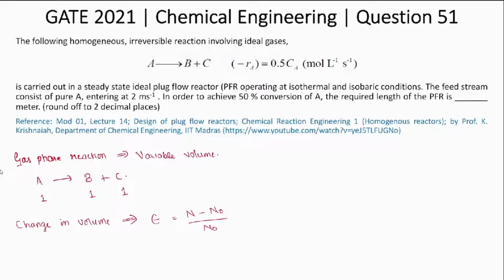Okay, so here n is basically 1 plus 1 and that will be 2 and n0 is 1. So we can calculate epsilon as 2 minus 1 by 1 and we'll get epsilon as 1. Okay.